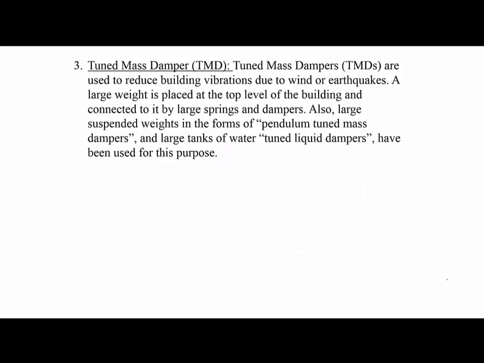The next type of device is called a tuned mass damper. These are used to reduce the vibration mainly from wind or earthquake. We use a very large weight at the top of the building, and that's connected to springs and dampers.